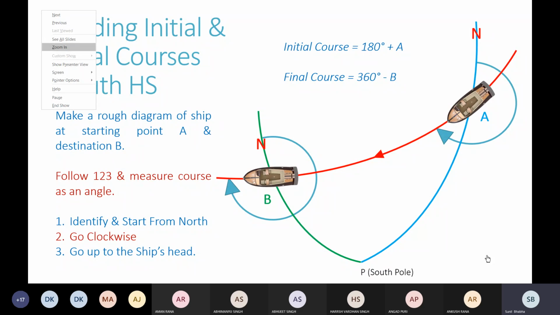Okay, before we go into the assignment, one more thing which I would like to emphasize here. When you do these calculations, it is very important that the PAB triangle which you are making should be correct. Now, what do I mean by correct? When you see the two positions which are given, their latitude and longitudes are given to us. You should be able to find out in which direction the ship is proceeding. Like this particular PAB triangle which you see on the screen right now, our ship is moving in the southwesterly direction.